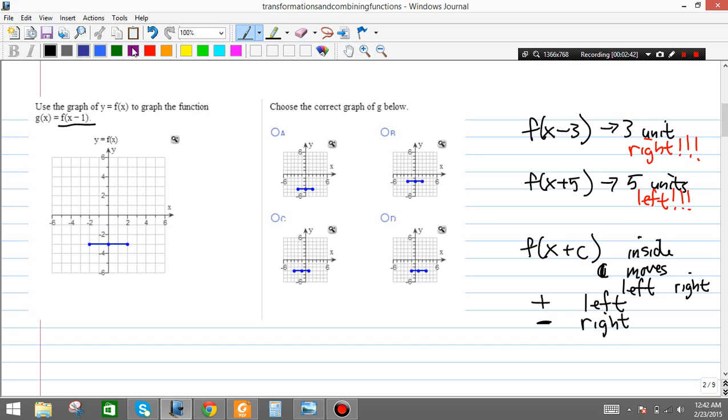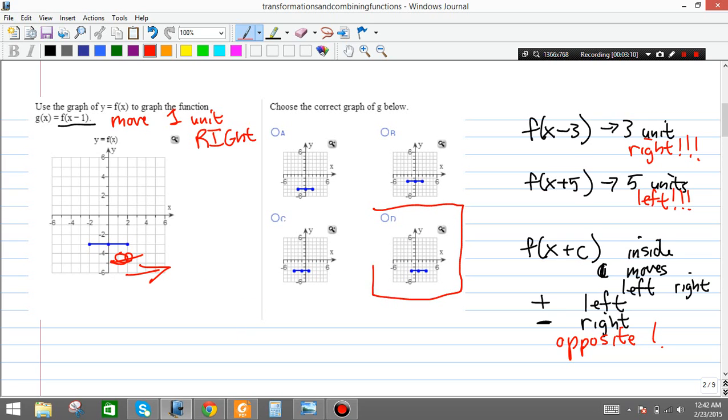On the inside, it's the opposite. For this one in particular, f of x minus 1 means I'm going to move 1 unit right. There's only one graph here that moves this thing 1 unit to the right. That would be this one.